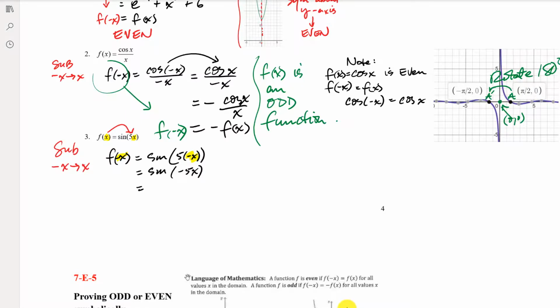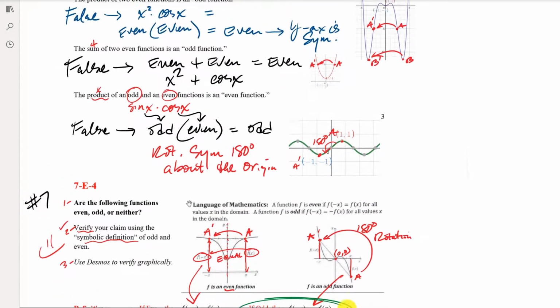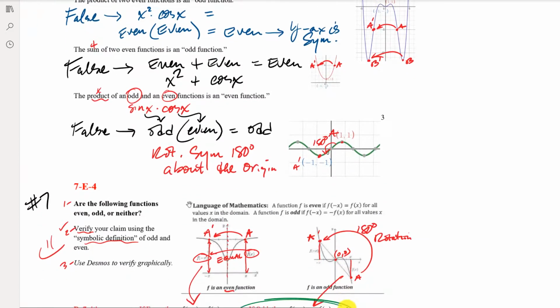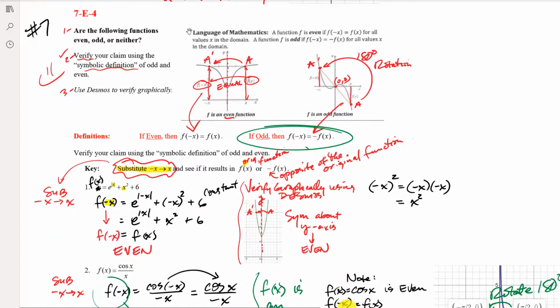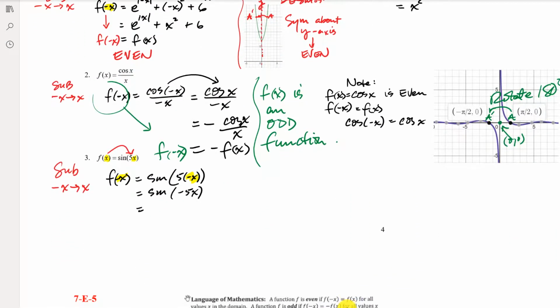But we said above, let me see, where did we say it? We said that sine is an odd function. We determined that earlier. And if it's odd, that means that f of negative x equals negative f of x. Let's apply the odd definition.